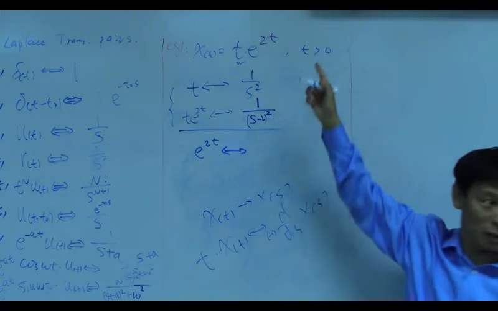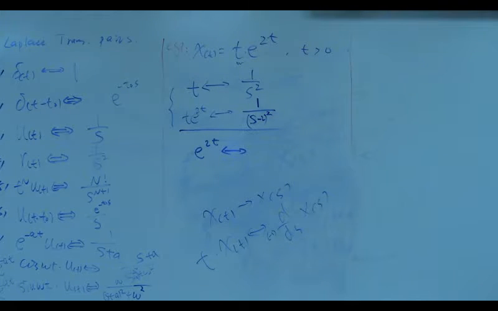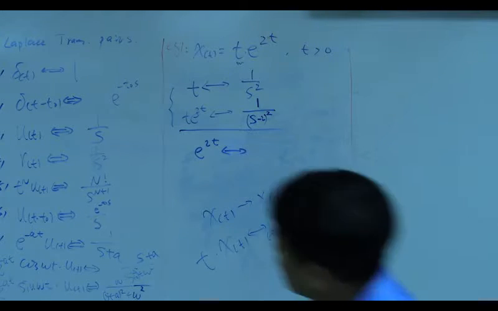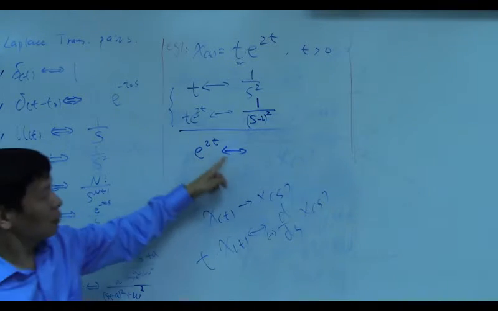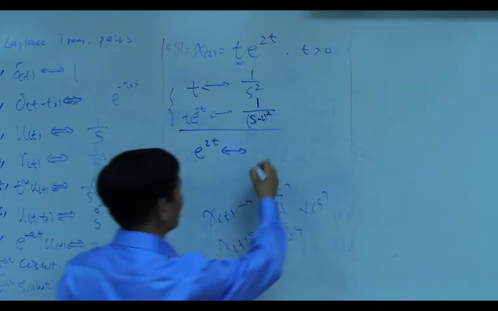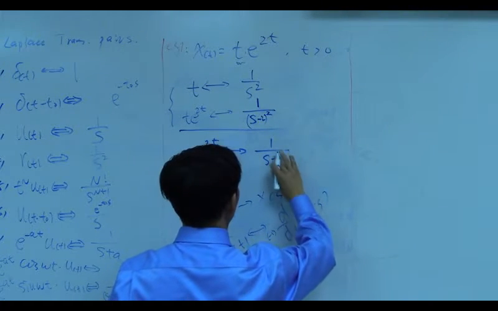Keep in mind, we always have u(t). 1 over s minus 2 or plus 2? Minus 2. Minus a, not plus a. So that one gives us 1 over s minus 2.